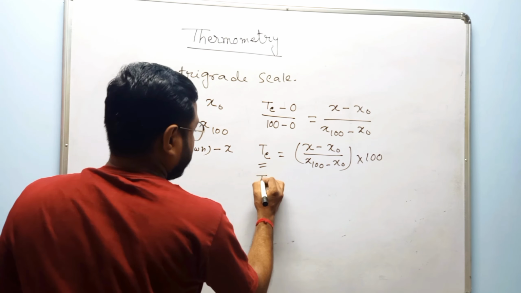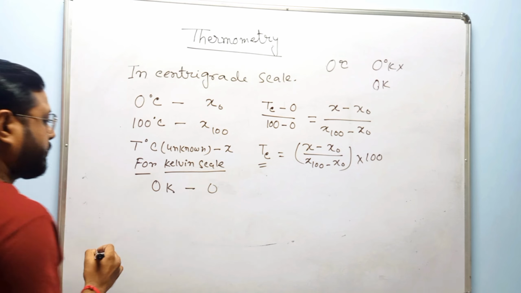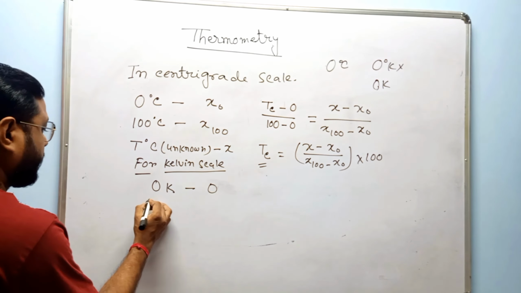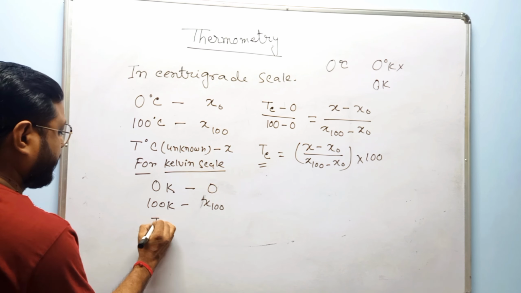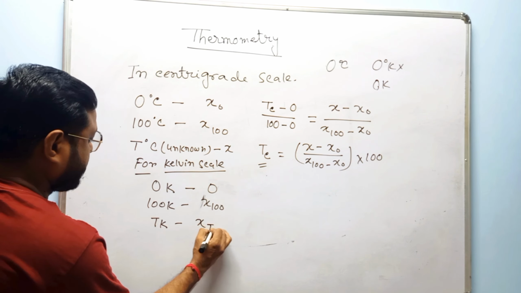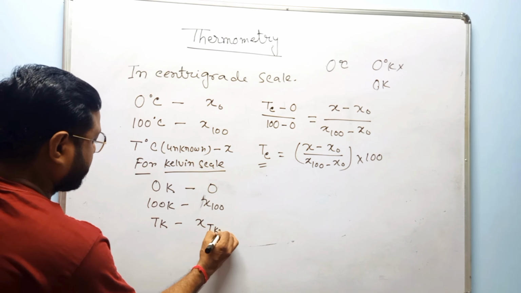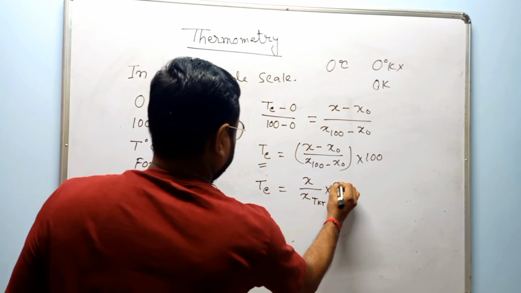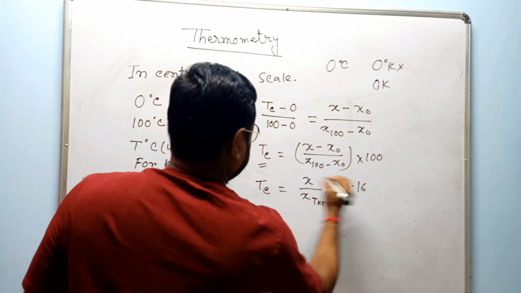So at 0 Kelvin, the thermometric property is x0 or 0, because 0 Kelvin is the lowest temperature in the Kelvin scale. 100 Kelvin is written as x100 and T Kelvin is written as x_T, then T must be x by x_T multiplied by 273.16 Kelvin.